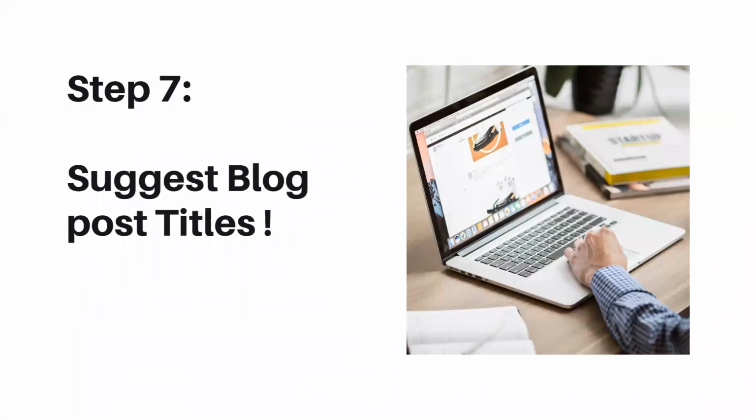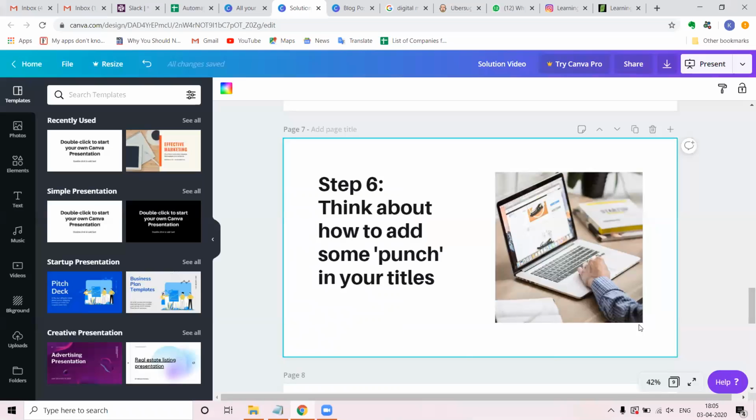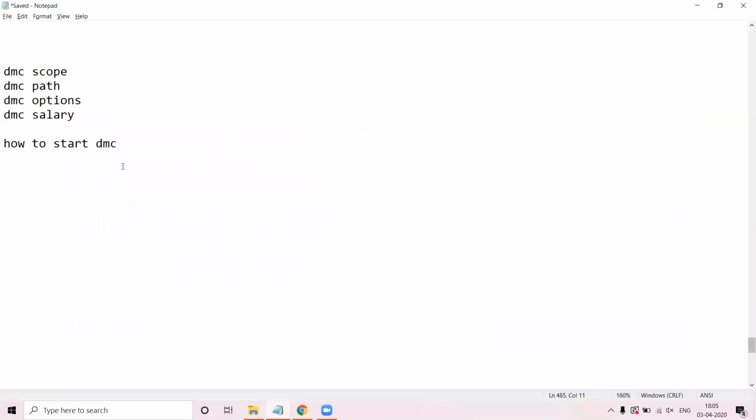And the last one is think about how to add some punch in your titles. At the end of the day, before you suggest the titles, it's not just about the keyword. It also has to be attractive.